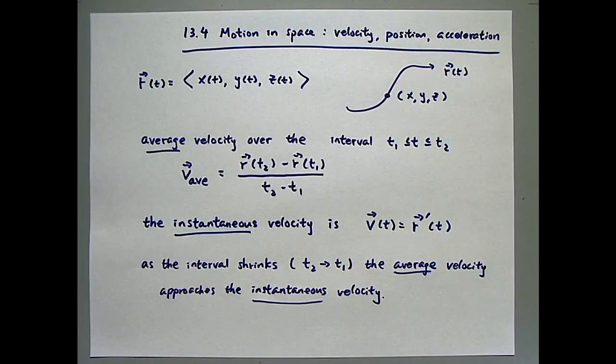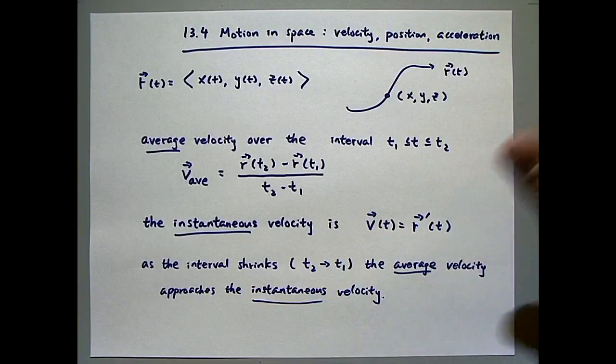Essentially, if you remember back in Calc 1, the average velocity was the secant line slope between 2 points. The instantaneous velocity is the tangent line. And to get a tangent line from the secant line, you bring the second point closer and closer to the first point. And eventually you get your tangent line.